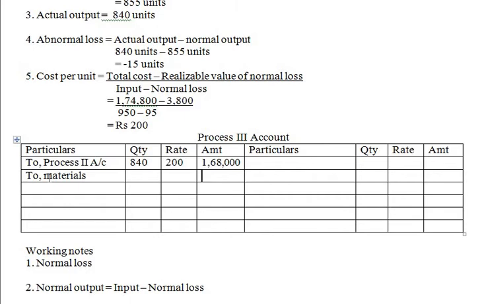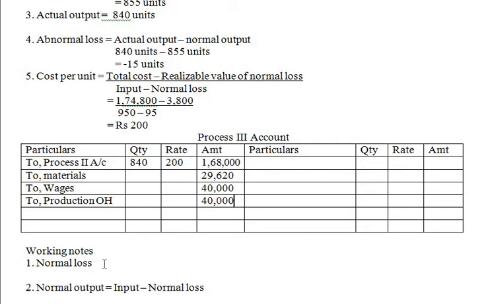Materials amount is 29,620. Next is wages. Wages amount is 40,000. Next, production overheads. Production overheads as it is 100% on wages, so the amount will be 40,000.